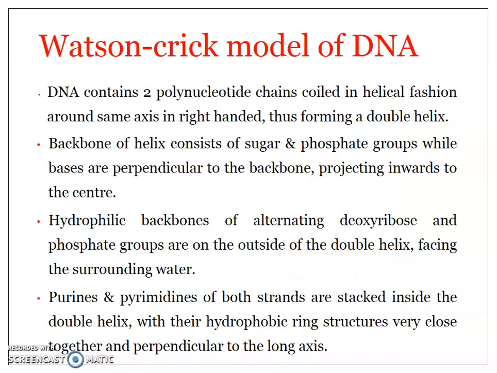So the whole structure of DNA, double-stranded DNA, was proposed by James Watson and Francis Crick. So Watson and Crick model of DNA. It says that DNA contains two polynucleotide chains which are coiled in a helical fashion.